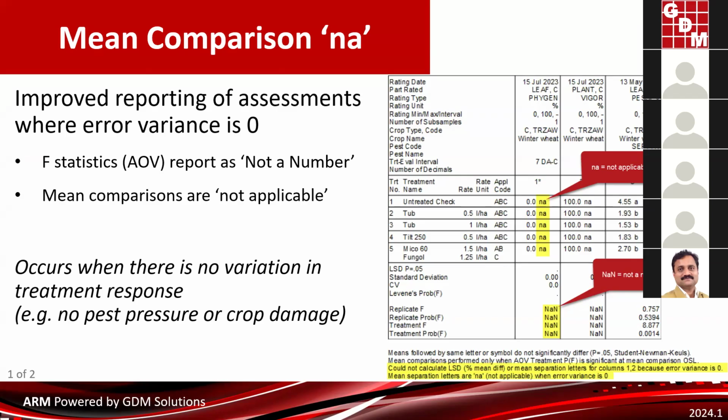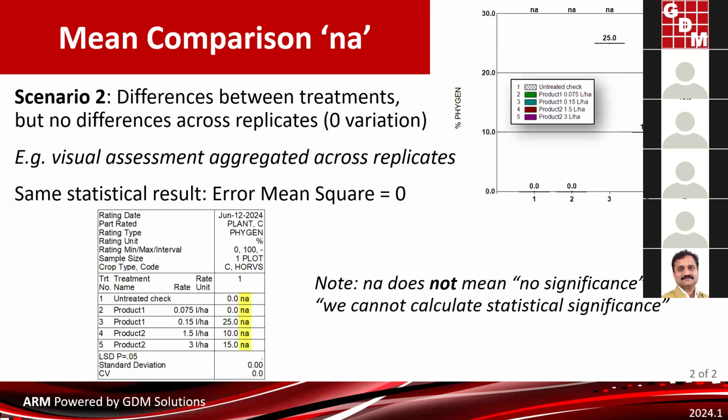When there's no variation in the treatment response, something like no pest pressure, no crop damage, it's all hundreds or all a 0, there's no statistics that can be done there. To make that abundantly clear, the mean comparison is overwritten as an NA for not applicable, can't be done, and the statistical output is not a number, NaN. So just trying to make it super clear that there's nothing statistical that we can do.